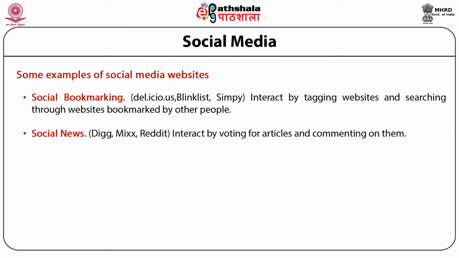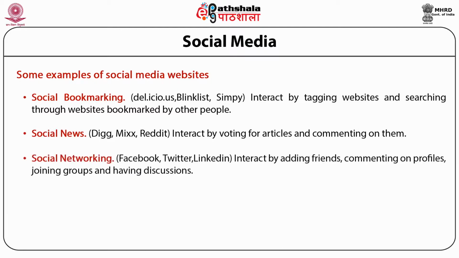Examples are Digg, Mix, Reddit. Social networking: in this case, we can interact by adding friends, commenting on profiles, joining groups, and having discussions. Examples are Facebook, Twitter, LinkedIn, etc.